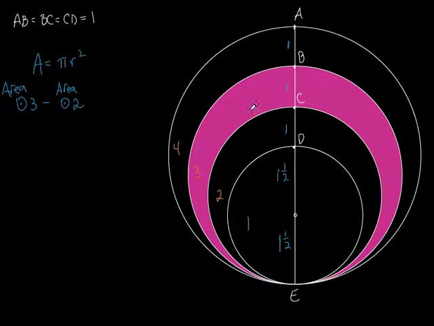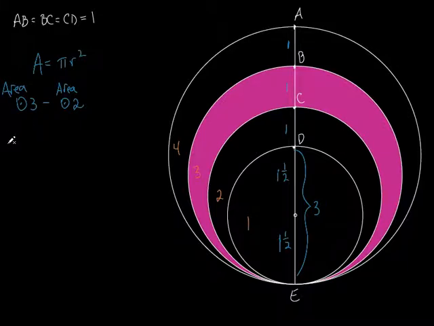Let's find the diameter first, because I'm not sure where the center is. We go 1, 2, this is 3 right here. The whole thing is 3, so the diameter from here to here is 5. So the radius of circle 3 is 5 over 2, or half of 5. You could put 2.5, but I'm going to put 5 over 2. It just makes it a little easier.